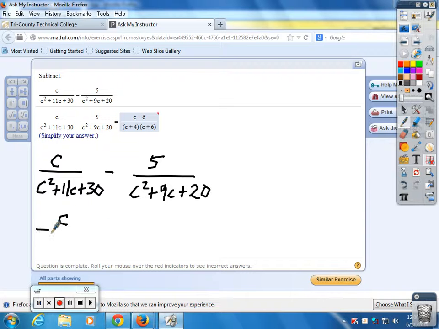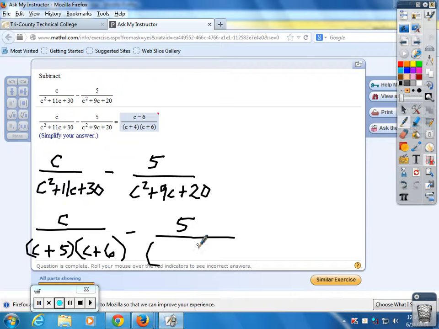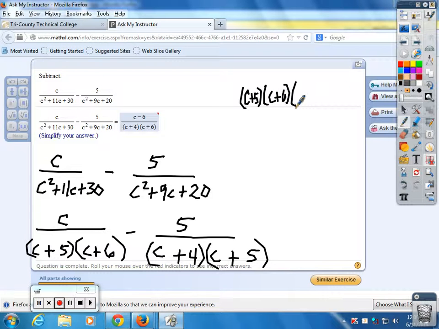And that's going to be C over, that's going to be 5 and 6, plus and plus, minus 5 over parentheses, C, be a 4 and a 5, and that'd be a plus and a plus. So our common denominator is C plus 5, C plus 4, C plus 6. So C plus 5, C plus 6, C plus 4.